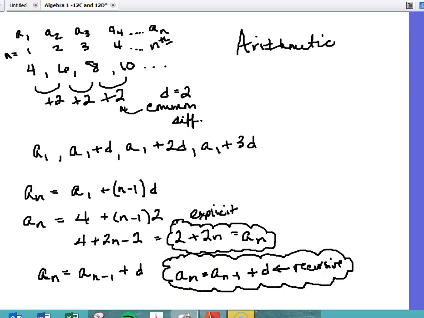Okay, now let's take a look at a different type of sequence. Let's talk about geometric sequences. Let's say instead we have this formula.